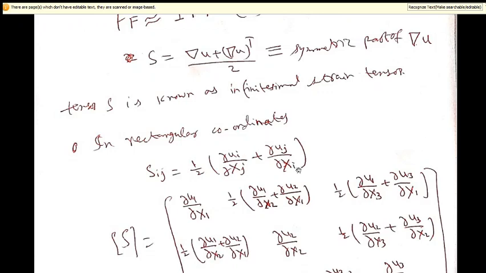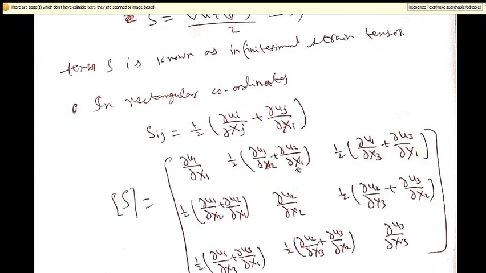It has 9 components, so you can write these 9 components as S11 equals partial u1 partial x1 plus partial u1 partial x1, the 2 times 2 will cancel out, giving partial u1 partial x1.